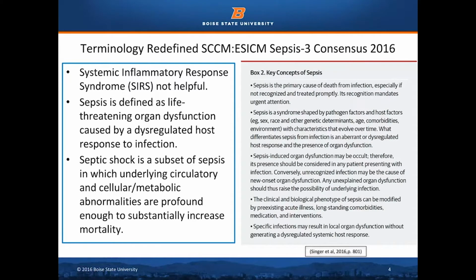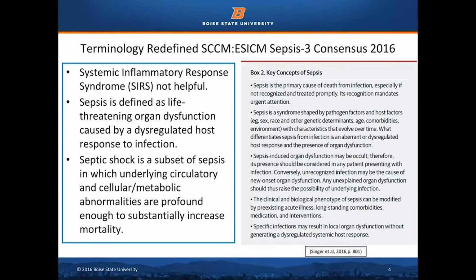If you've been around for a while, you probably remember being taught about SIRS, S-I-R-S, the systemic inflammatory response syndrome. We pretty much came to understand that that wasn't a very helpful definition of anything.